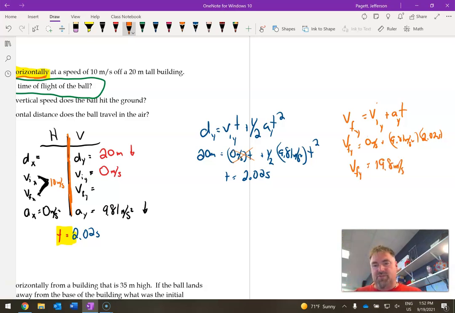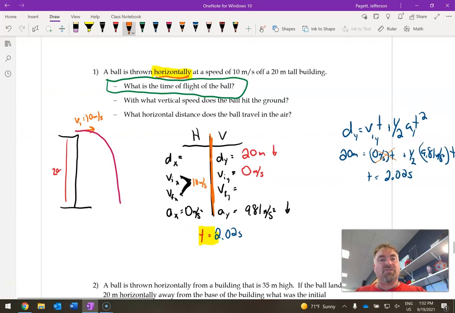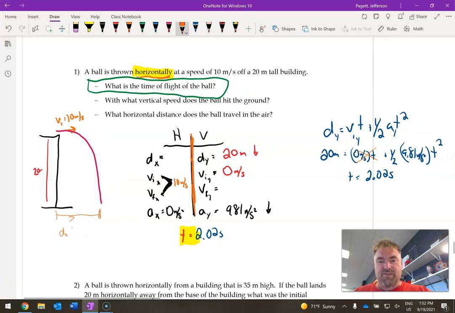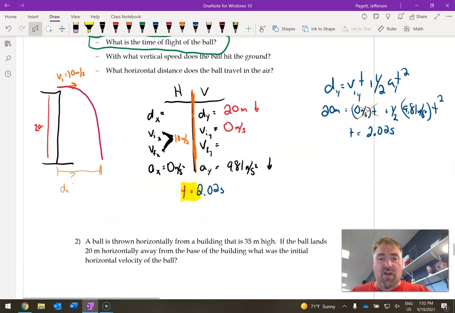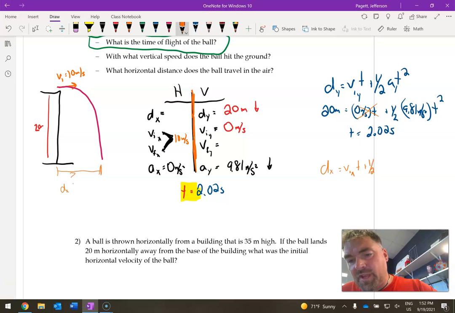So 9.81 times 2.02. Now the last thing I want to know is, what's the horizontal distance? What distance does this thing travel horizontally? So that's my dx. That's how far it has to go. So I'm going to use the same distance equation: dx equals VIX times t plus 1/2 AX t squared.